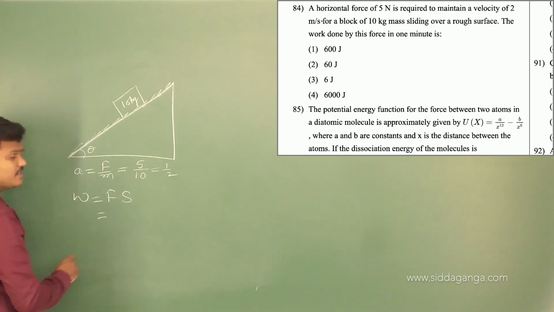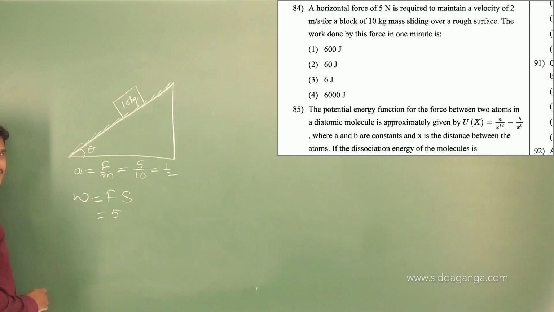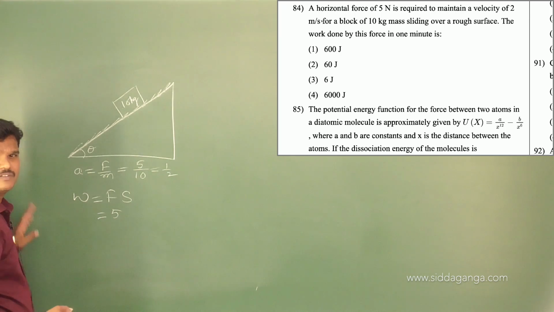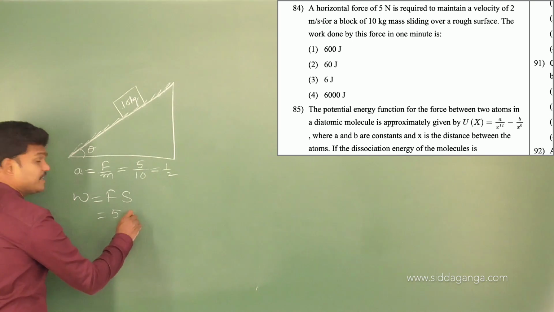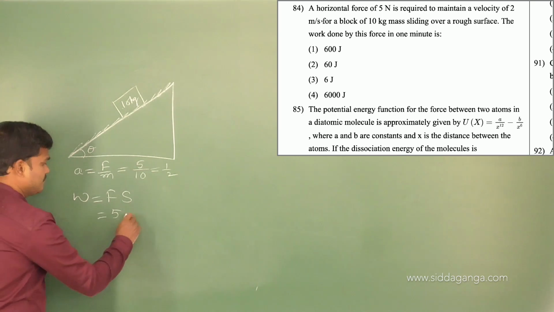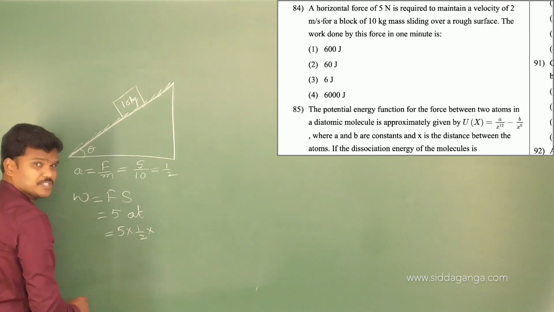How much is the force? 5 Newton. S is equal to ut plus half at square, and here we can write S as at. Is the time given? So 5, a is how much? 1 by 2. T how much?